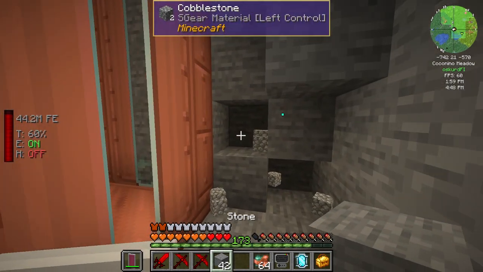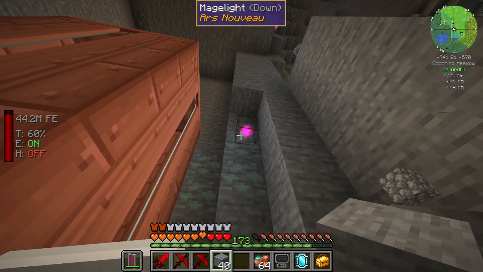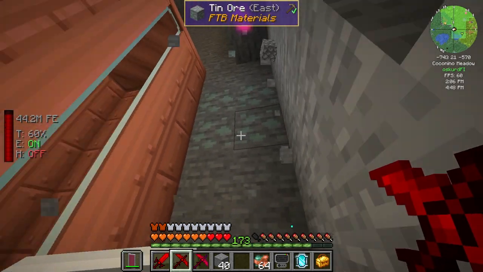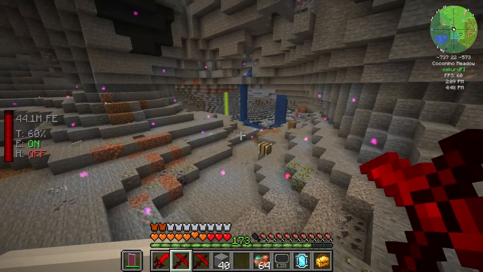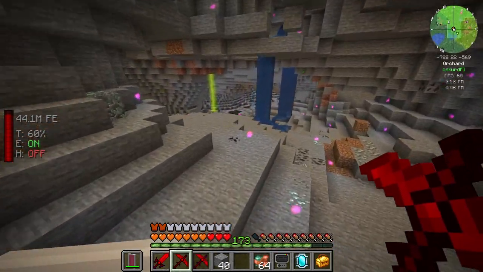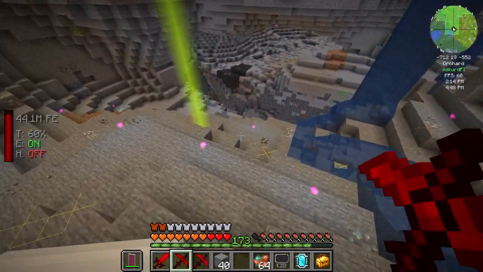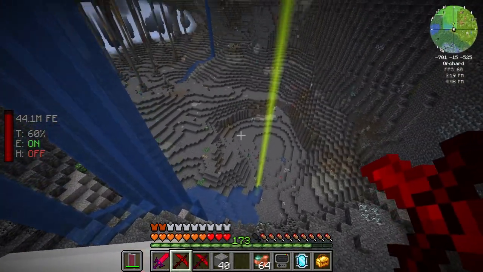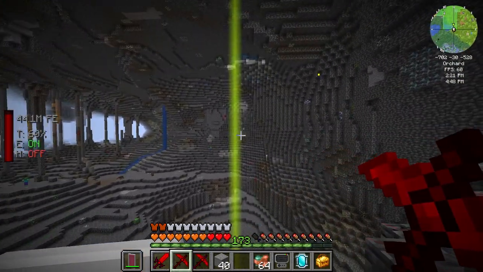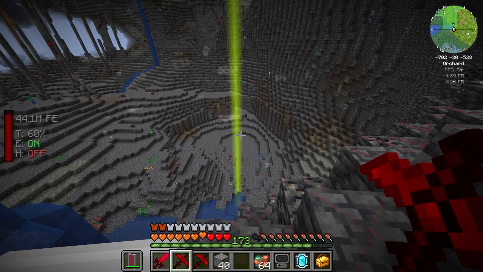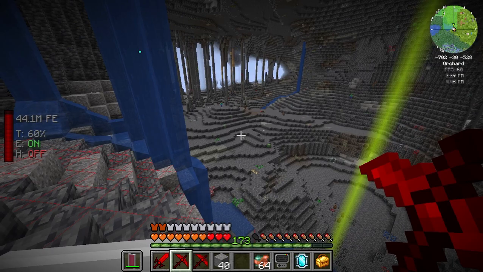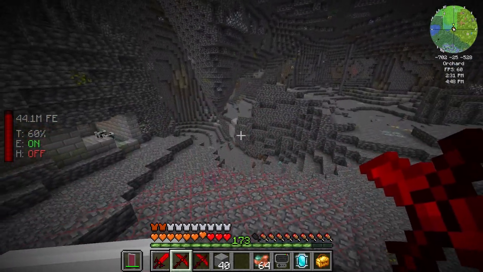Oh, and then I've been exploring a little bit of my cave, and it seems to be never ending. Like, for example, if we go this direction, it just goes deeper, and it goes very deep, and then we have this absolutely huge cave here, full of pillars and all cool shenanigans.